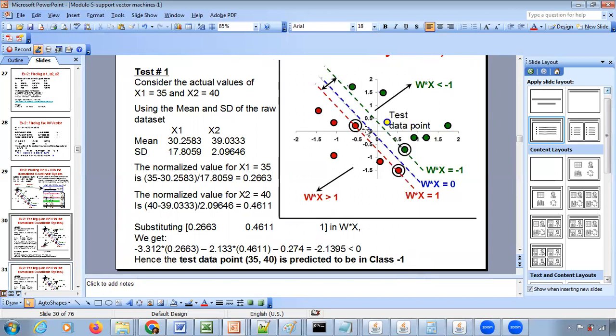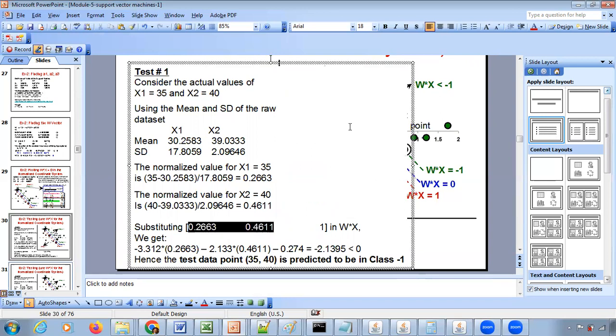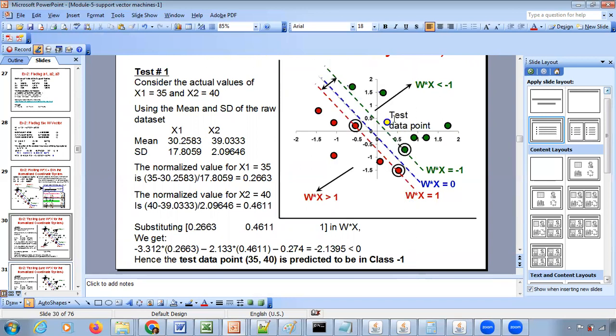If you plot that normalized data value here, it comes out to be somewhere over here. That's away from the decision boundary w times x equals -1. So it goes even inside it, and inside means away from it. So that very well belongs to class -1.